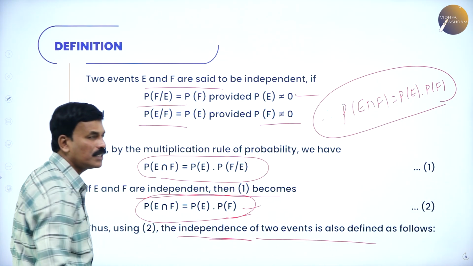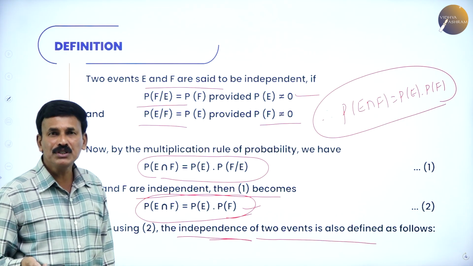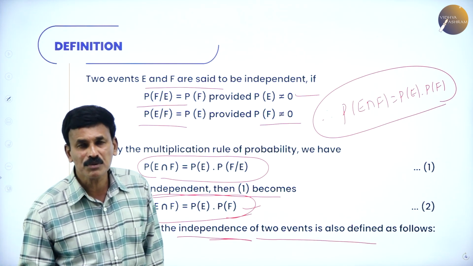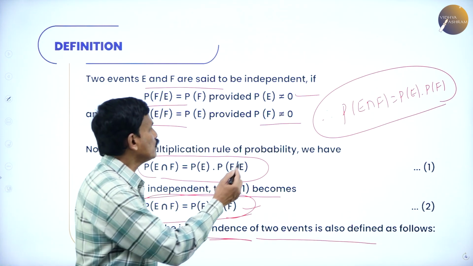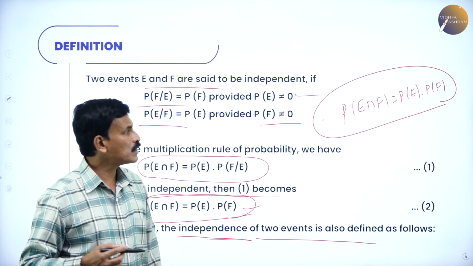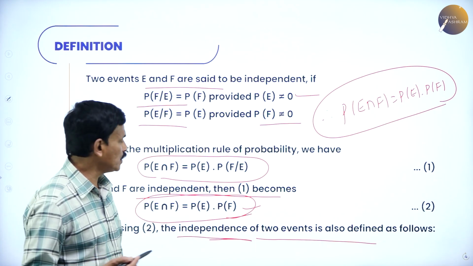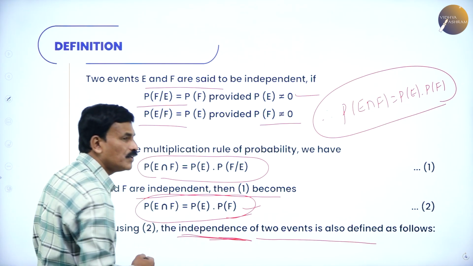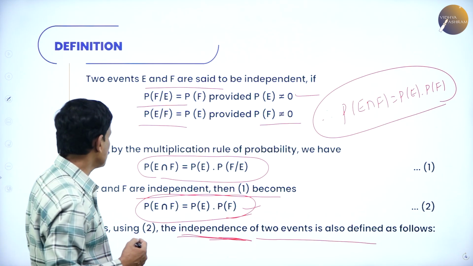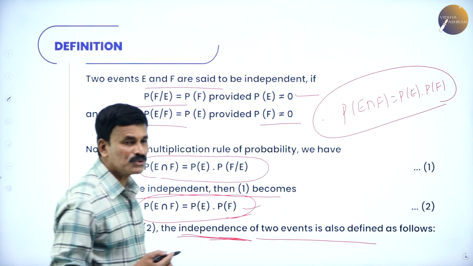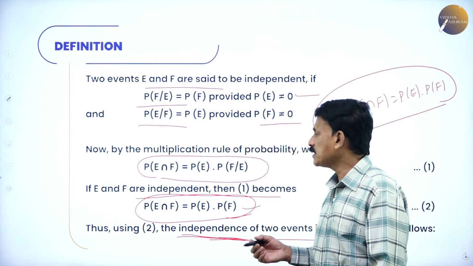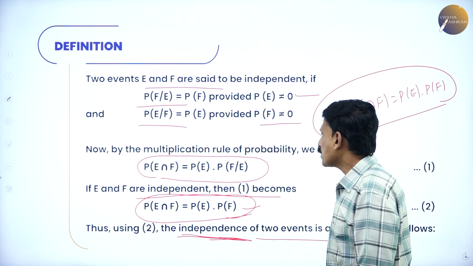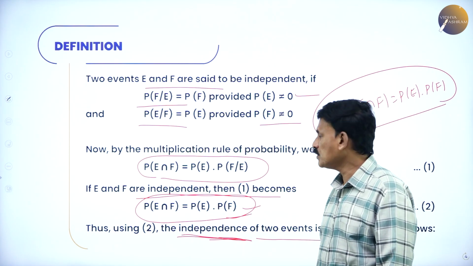If the probability of occurrence of one does not depend upon the occurrence of the other, that is, probability of E intersection F is equal to probability of E into probability of F, then the two events are called independent events. So the final formula to verify whether the events are independent or not is probability of E intersection F equal to probability of E into probability of F.